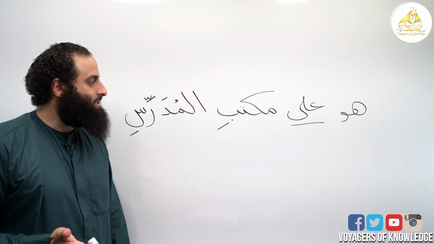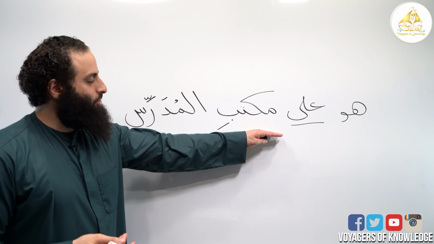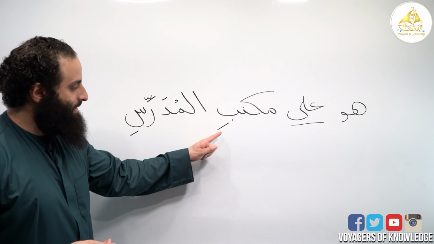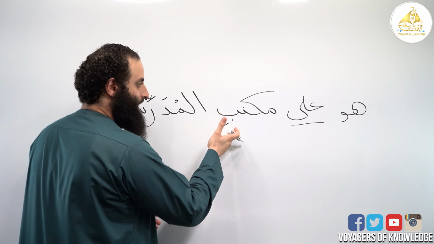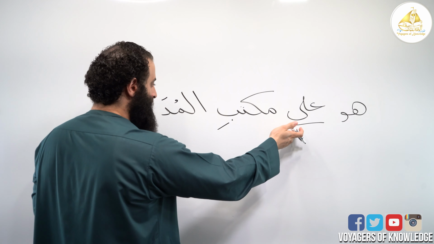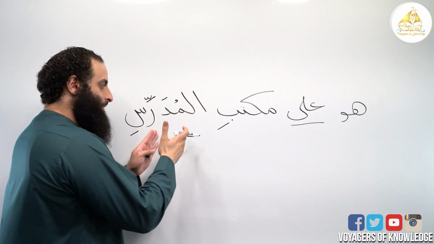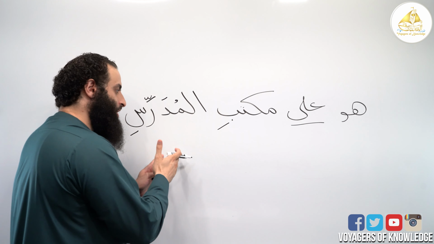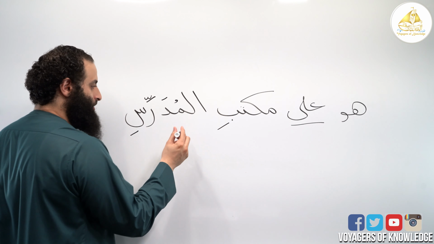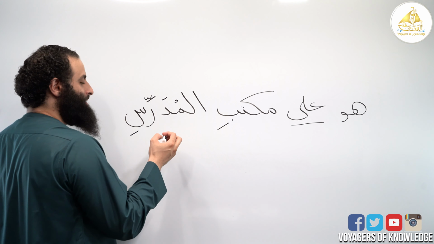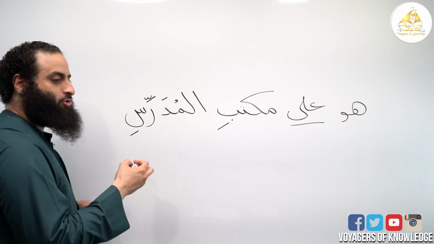So it's very possible that this is mudaf and mudafun ilayh. They both end in kasra. That's okay. This got affected by the harf jar, and this word is affected by this because it is mudafun ilayh. This word was attributed to this one. So if that's the case, it's supposed to end in a majroor state.